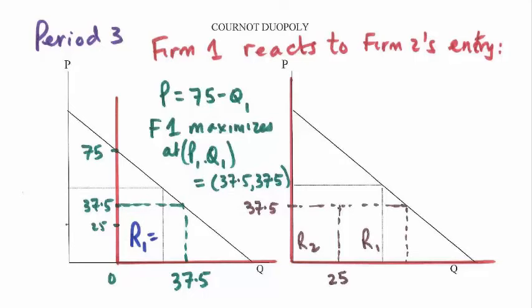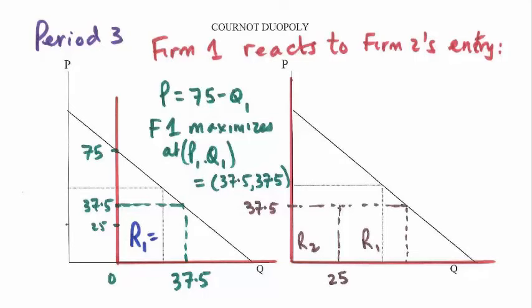This will yield a price of 37.5 and a quantity for Q1 of 37.5. And firm 1's revenue is now 1406.25. In the process, firm 2 is going to see a 50% increase in the price from 25 to 37.5, so firm 2 also wins when firm 1 retaliates.